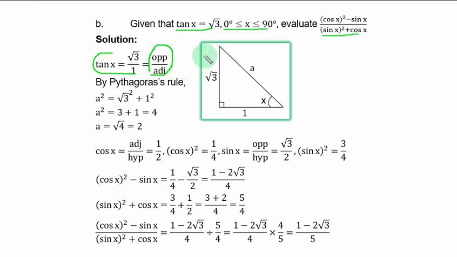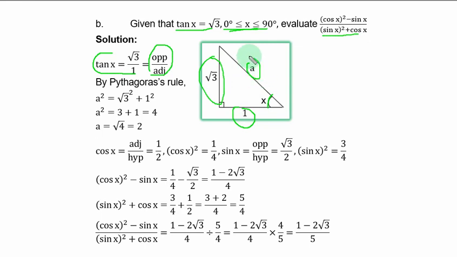So let's have this right angle triangle. By this given range, S is an acute angle and the side facing S is opposite, the other side is adjacent. The longest side, the side facing the right angle, is the hypotenuse.